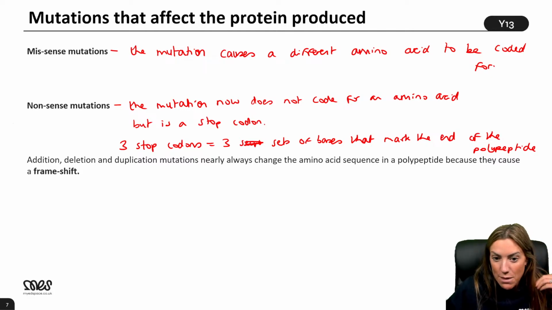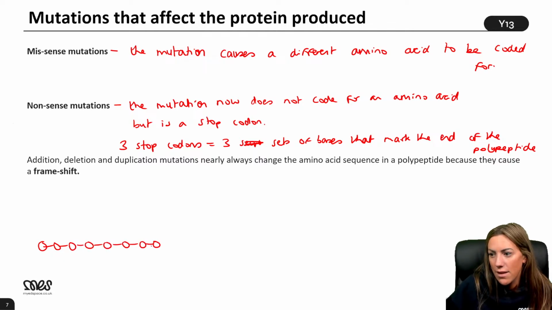So what would happen to the mutated polypeptide? Let's have a little think, Jay. Imagine the protein was meant to be this long, but there was a mutation in, let's say, the 4th codon, and it coded for a stop codon. So the protein is only going to be this long.